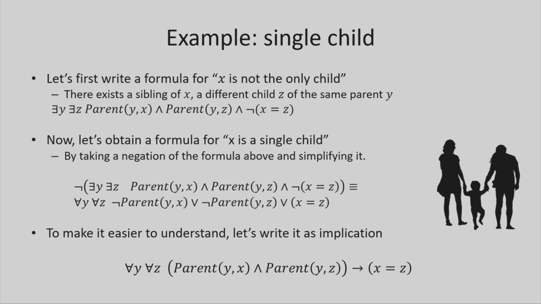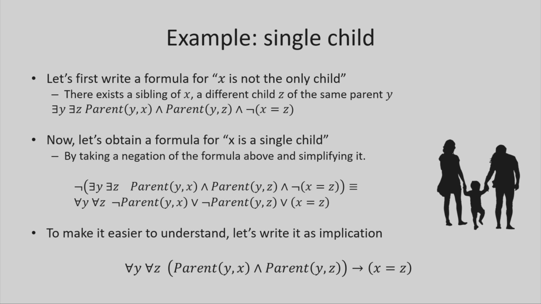We put negation sign in front, and we simplify it as we did many times before. So our quantifiers flip. Exists Y, exists Z becomes for all Y, for all Z. Parent YX and parent YZ and not X equals Z becomes by De Morgan that either Y is not a parent of X, or Y is not a parent of Z, or X and Z ended up instantiating to the same value. So this one is a little bit awkward to read.